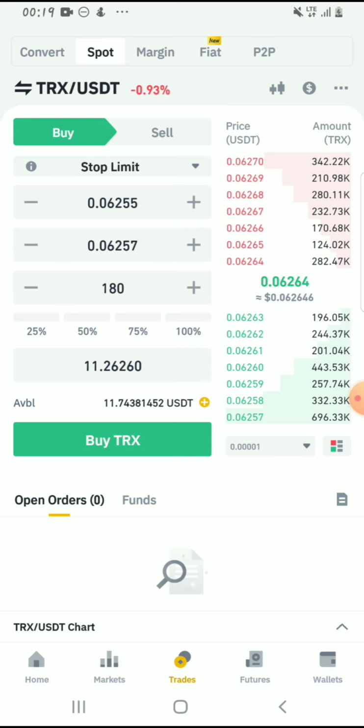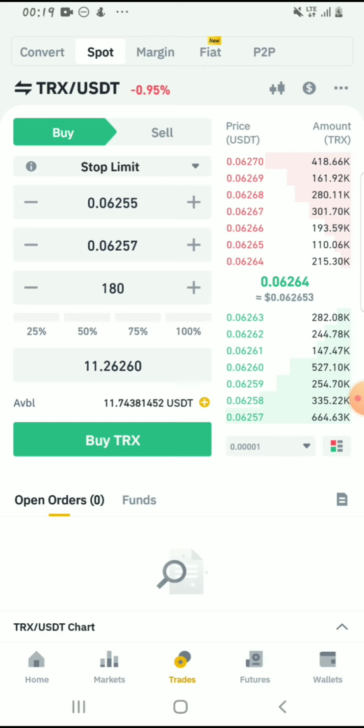Since it's a conditional order, there's the likelihood that your order will be executed even if the price doesn't touch exactly 0.06257. In a limit order, if you set it at 0.06257 and the price quickly drops to 0.06255, your order won't be completed at all.